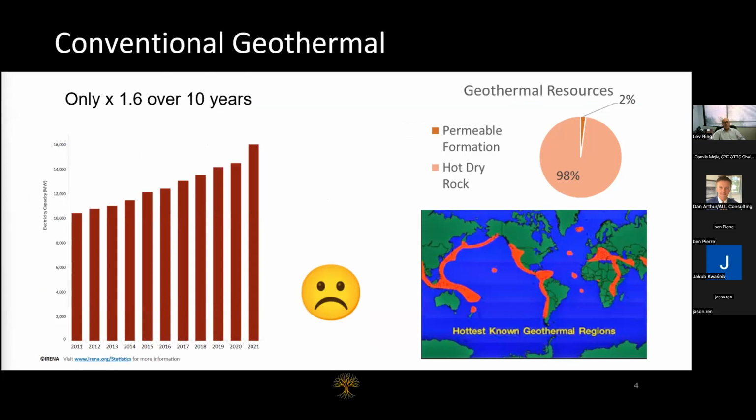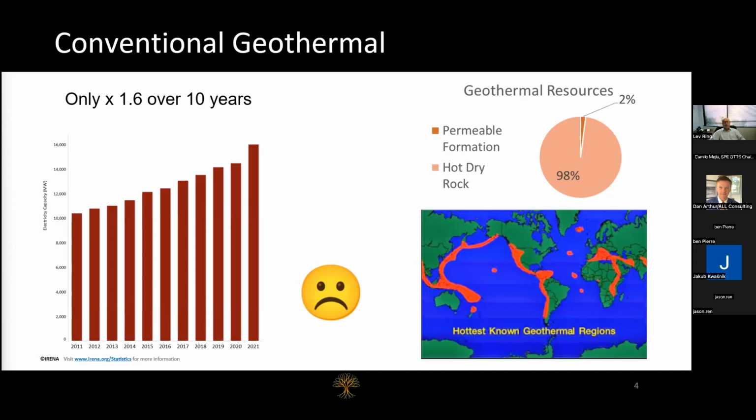Plus, only 2% of global resources allow you to produce conventional hydrothermal. It's very geographically limited. And so if you don't live on the ring of fire and don't have a volcano under your feet, well, too bad. This resource is simply not available.